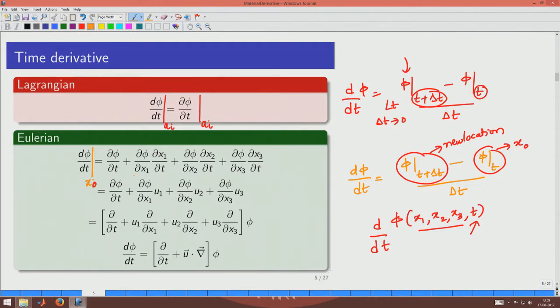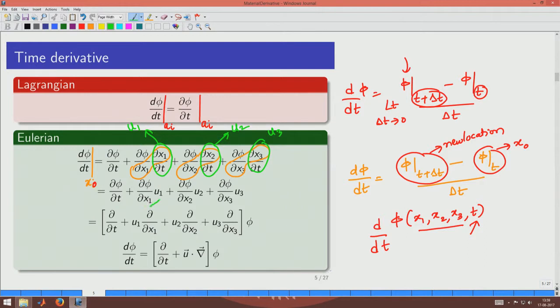So, you have these terms. You can see the cross terms that are coming. This is coming from the chain rule, okay. And then we recognize that these terms here are nothing but the velocities itself, okay, the components of velocity. So, you have them coming here. Therefore, we can put them in, and you can see that d phi by dt can be given as dou phi by dou x 1, and then this is u 1 here.